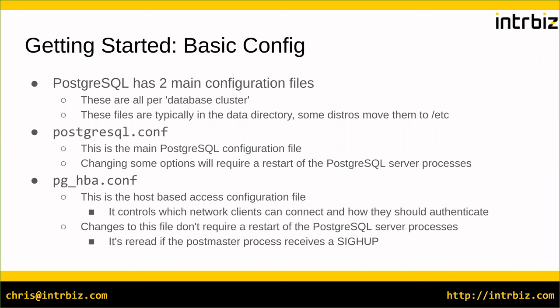And typically these files reside within the data directory. So on most distros by default, that's /var/lib/pgsql. Some distributions, Debian specifically, and Ubuntu, tend to move these files into /etc. But the official place for them is inside the data directory.